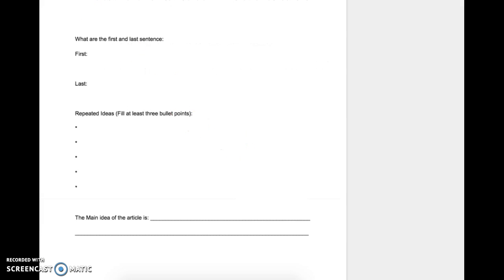Part 4 is the repetition, the repeated ideas, things that show up often throughout the course of the article. I think one of the main things that shows up is this idea of financial maturity and how independence and saving is important and can be learned through having a job.